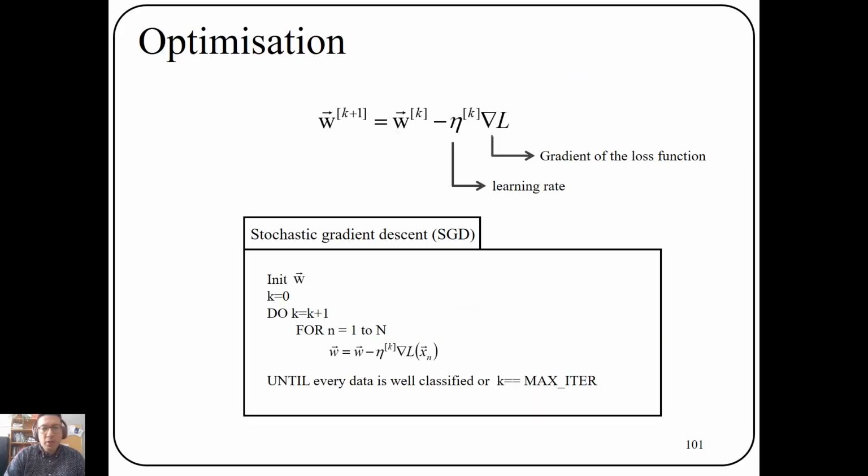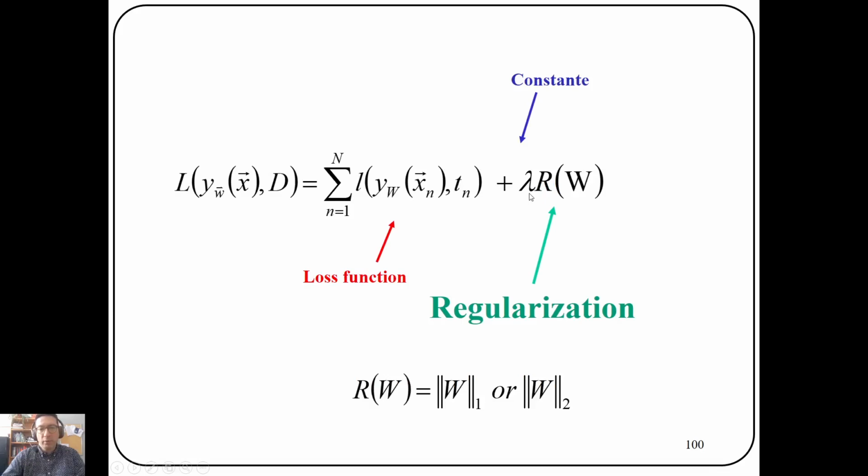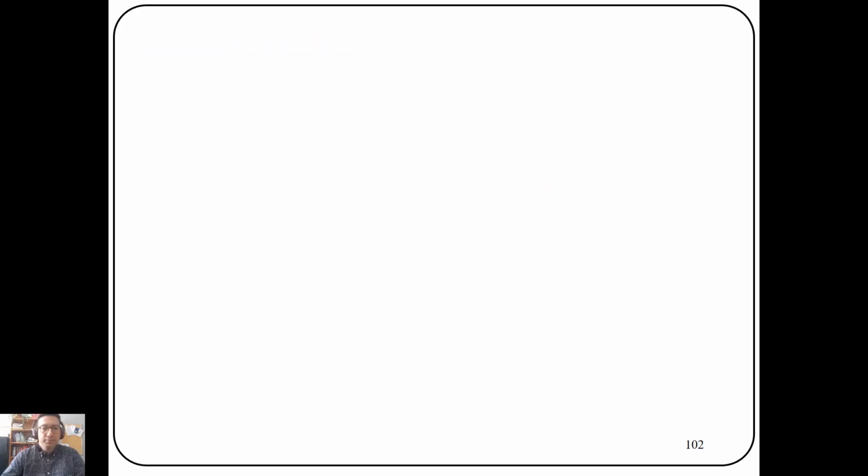Now, the optimization is still a stochastic gradient descent, where you iterate for a certain number of times, and at each iteration, you go through every element in your training data, and for each element, you compute the gradient of the loss and move your weights in the opposite direction of the gradient of the loss times a learning rate. And again, the learning rate is a hyperparameter, as well as the lambda value here, the constant, which is also a hyperparameter that you need to predefine before training your system.